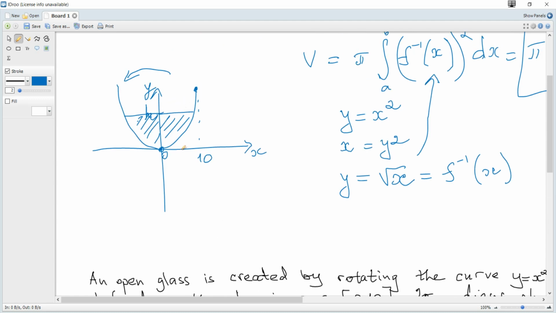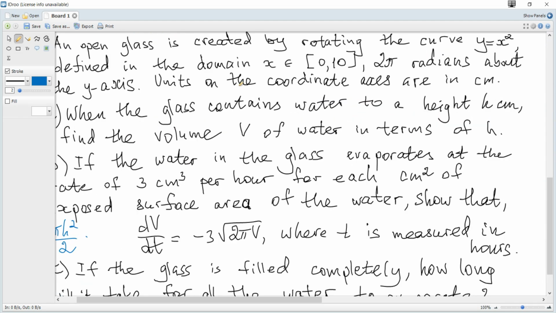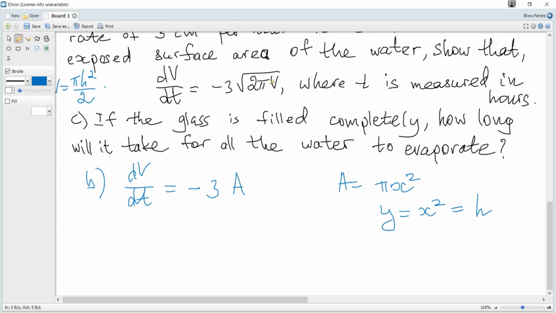If we choose some x value, top view gives a circle with radius x, but the y coordinate is our height h, so y equals x squared equals h.